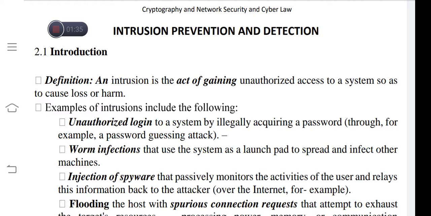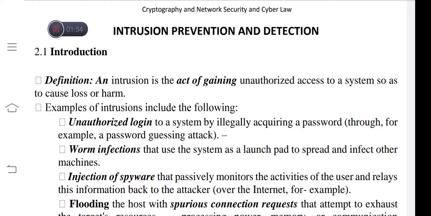Examples of intrusions include unauthorized login to a system by illegally acquiring the passwords. He can make use of a password guessing attack, as an example.